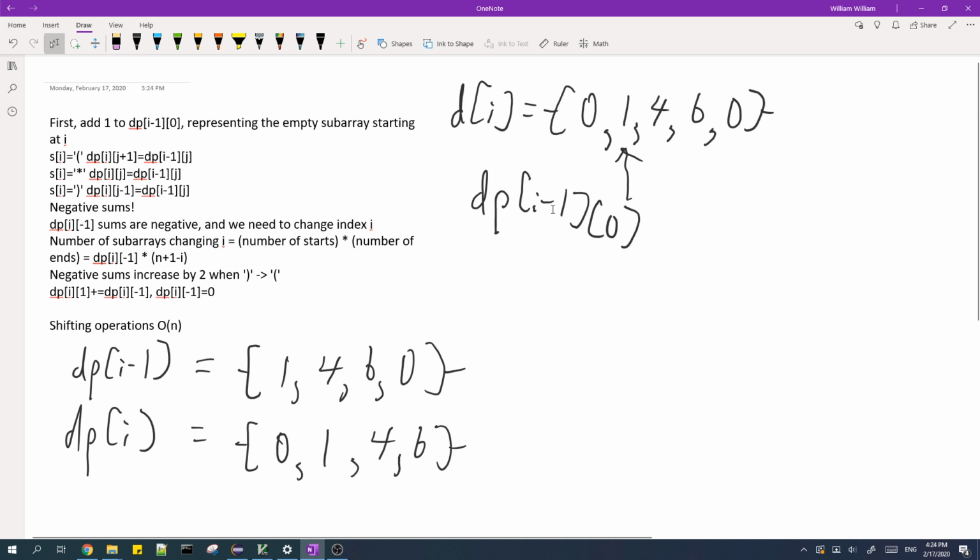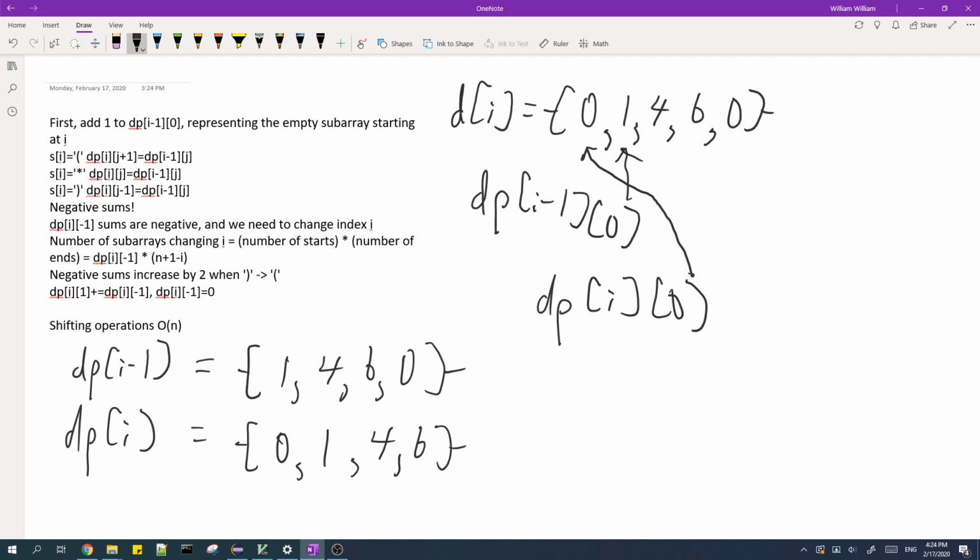Okay. So what if now we want to shift? When we shift, we can look at the pointer for the previous dp row. For example, if we want to shift the array right, then we just move the pointer left.